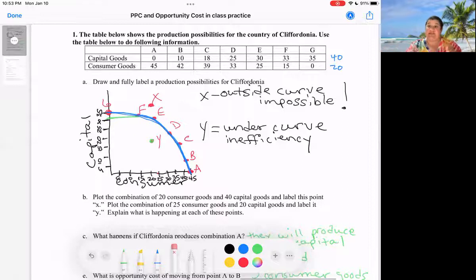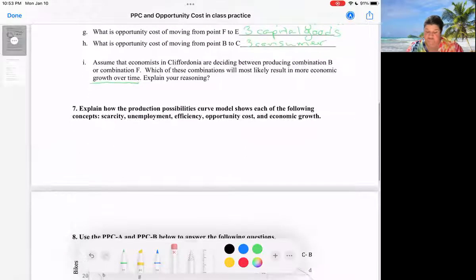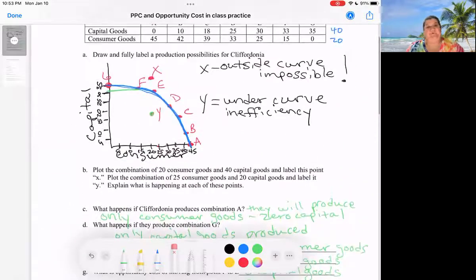And if those people did get jobs, they could produce more things. So point Y demonstrates for us unemployment. What about efficiency? We've talked about this a couple times. Any point on the curve demonstrates efficiency. We are maximizing the use of our resources, and we are at a point that economists call efficiency.